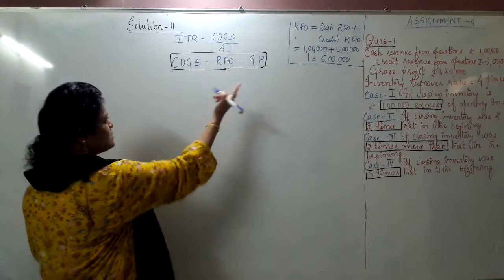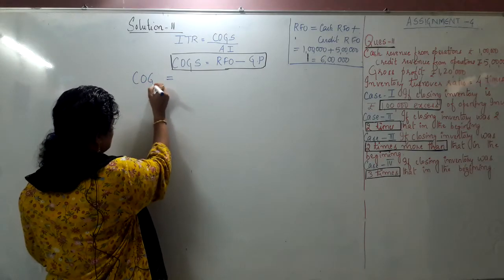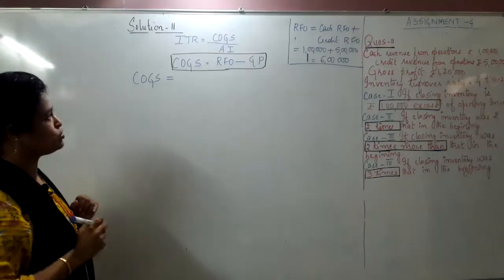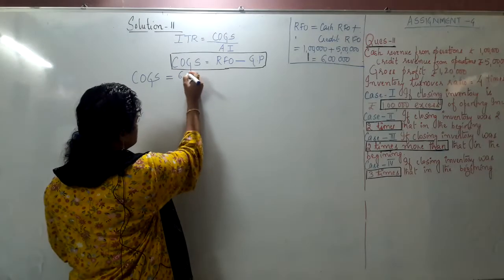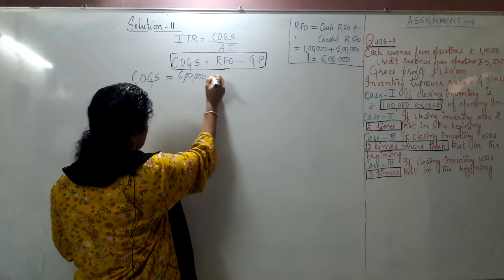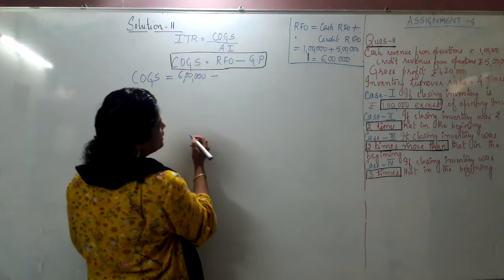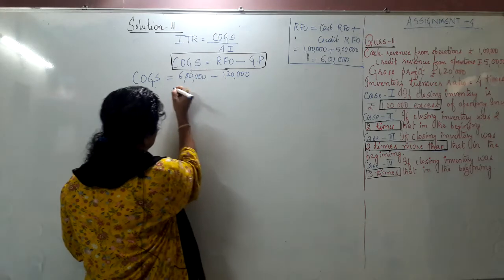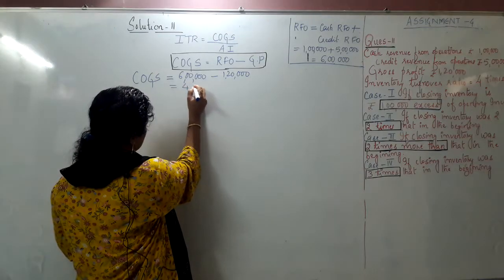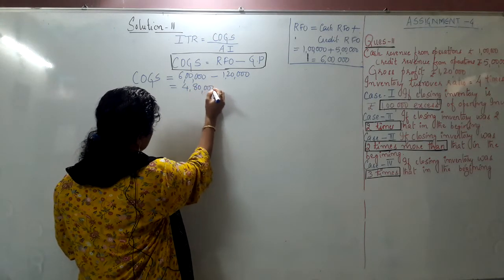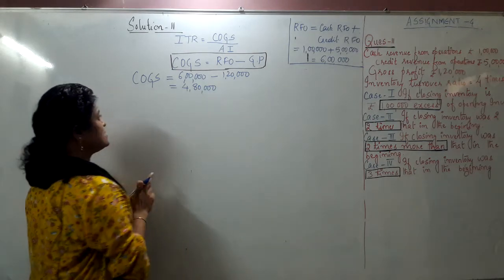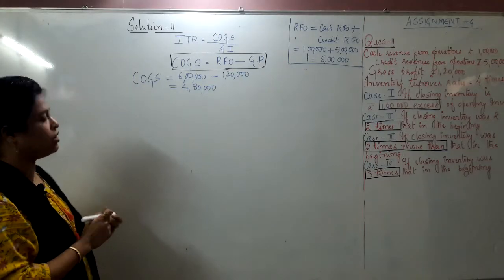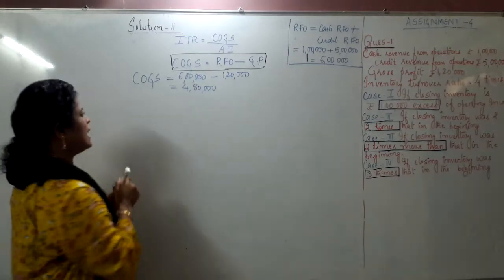Let us substitute this value for calculation of the COGS. COGS is equal to RFO 6 lakhs minus the gross profit given to us, 1,20,000. If we solve this, the value of the cost of goods sold we get is 4,80,000.